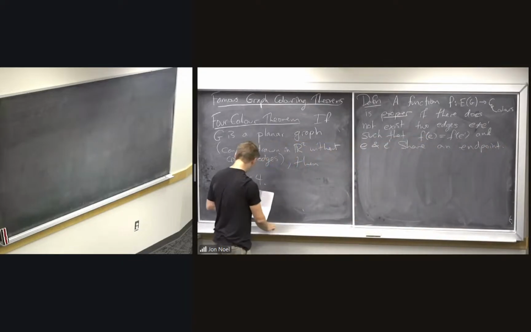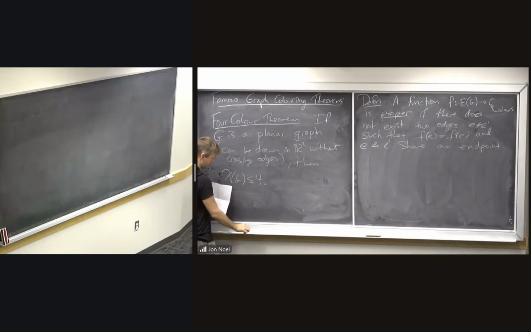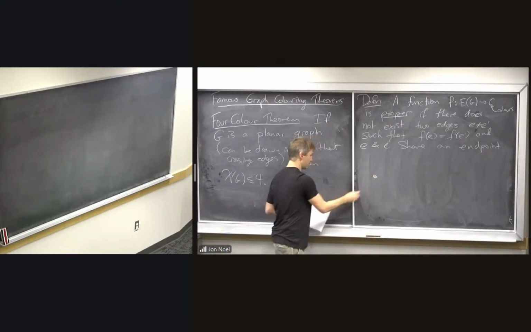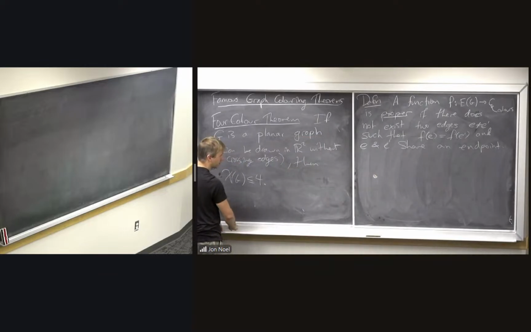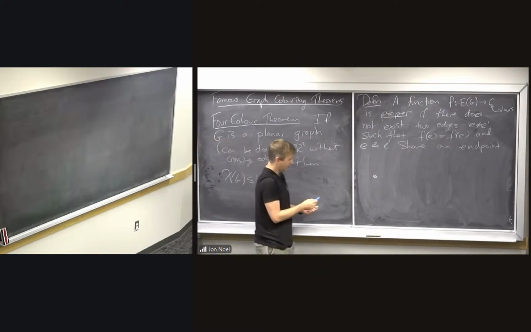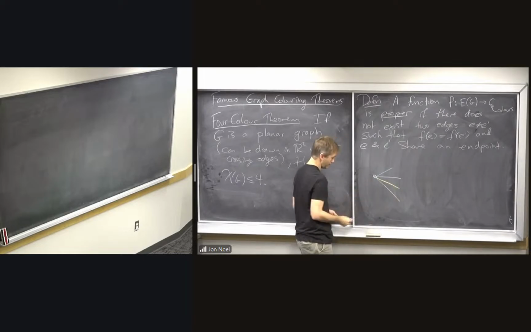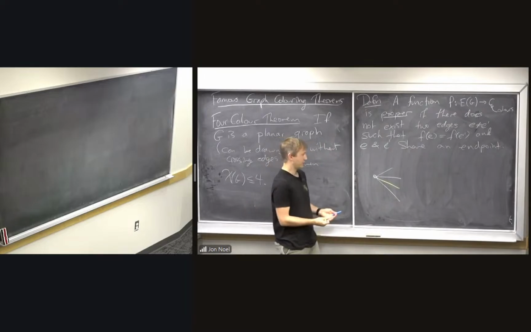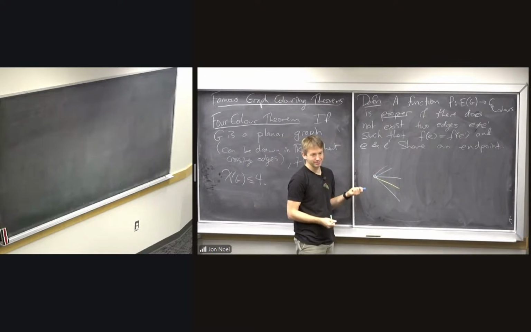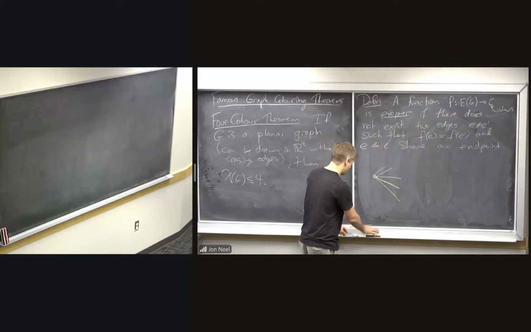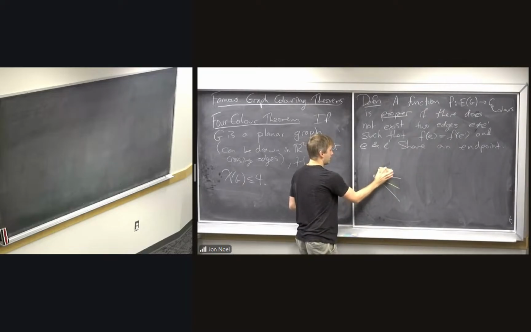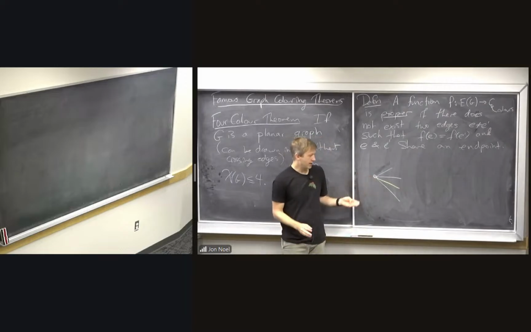All right, so in a proper edge coloring, if I look at the edges coming out of a vertex, they should all have different colors. So you're not allowed that, right? In other words, if you look at the edges of a given color, they make a matching.